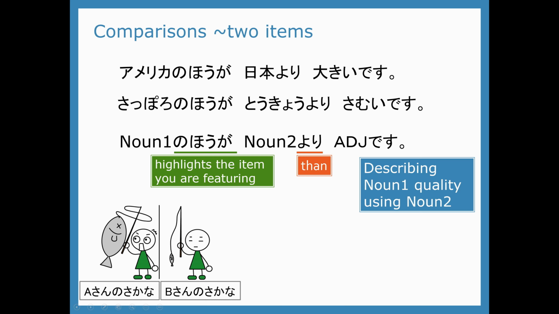Here is A さんの魚 and B さんの魚. So which one of the sakana, which one is bigger? So if we want to talk about B-san no sakana, comparing it to A-san no sakana, it's smaller, right?